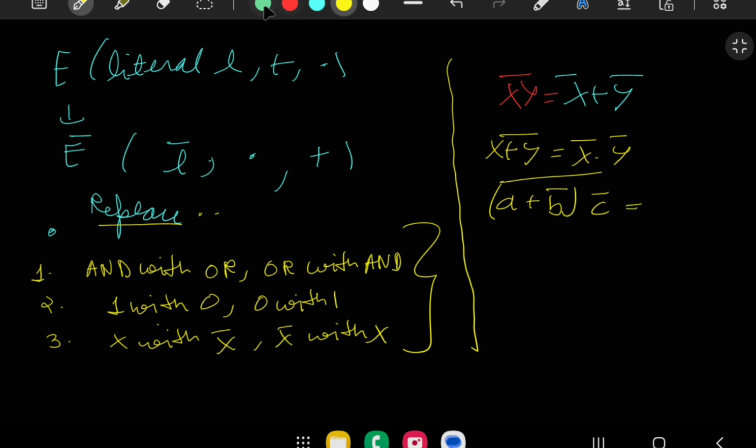So this is basically over here: this and will become or, and inside over here it will become a bar, and this b bar will become b, like this, right? So which is actually a bar b plus c.